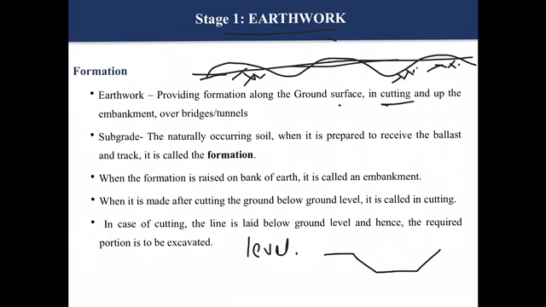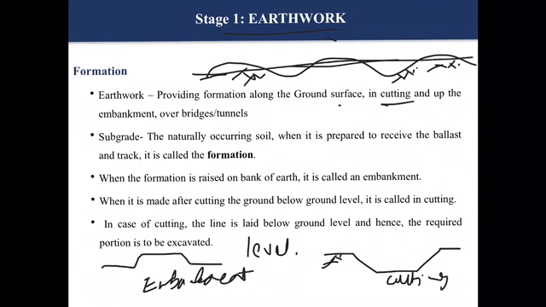If you take your formation level below the ground level, we call it a cutting. Sometimes the formation has to be taken above the ground level, and this we call an embankment. Also there are chances that your railway track may run through bridges and tunnels. There also you have to first prepare your formation level. All these things are involved in earthwork.